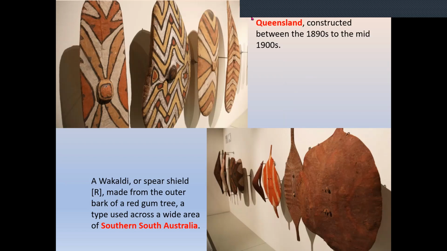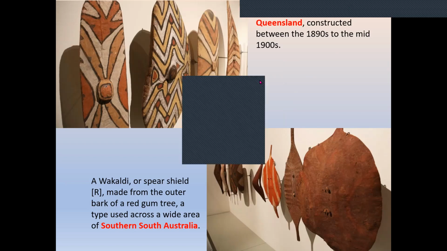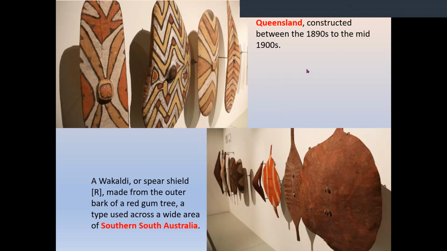So let me move this down. From northeast Queensland, these were constructed in the 1890s to mid 1900s. These are from photos from a museum in Queensland, and this one right here from South Australia.